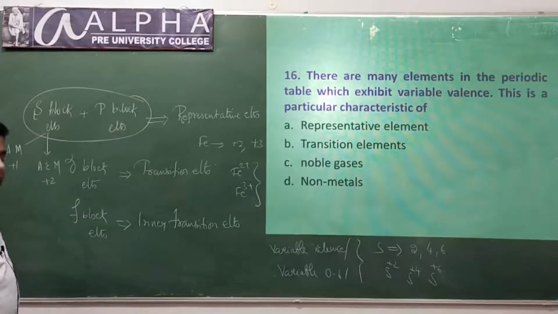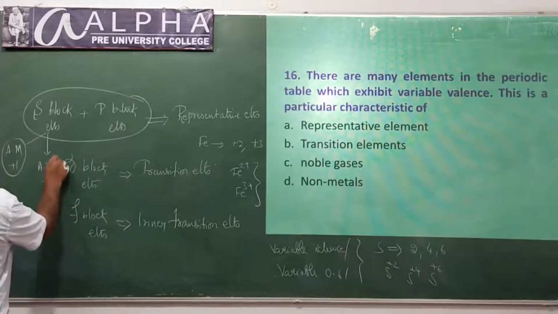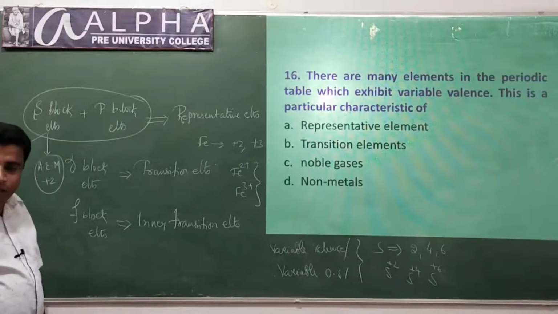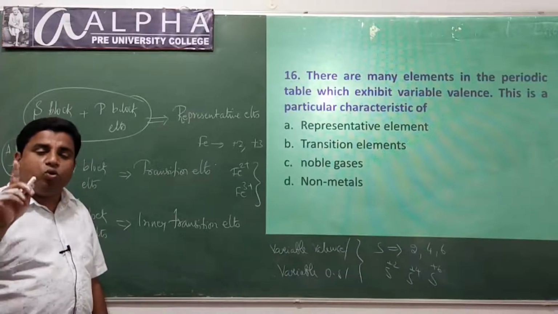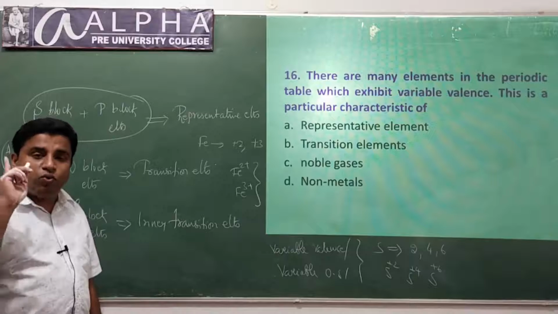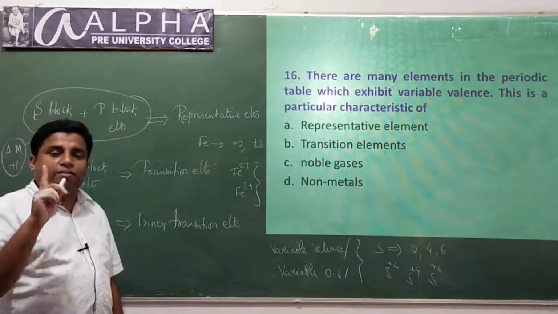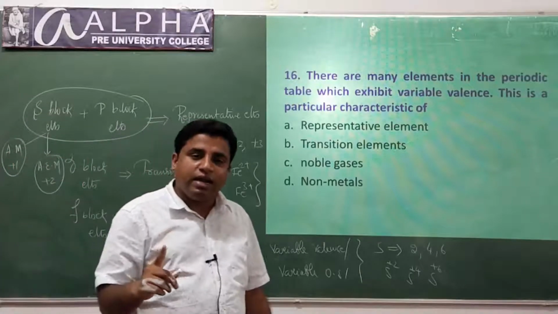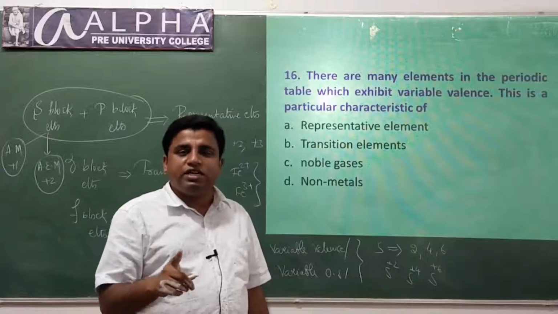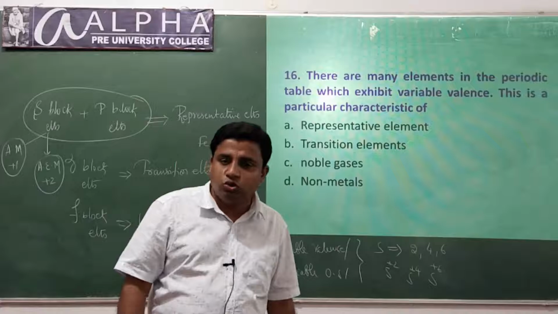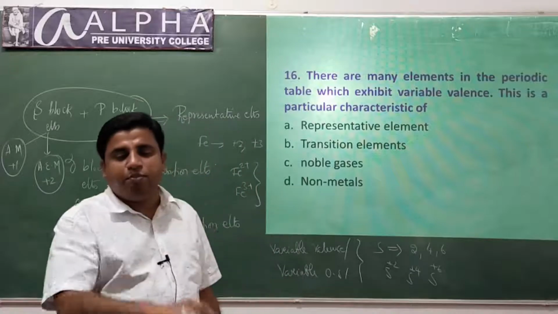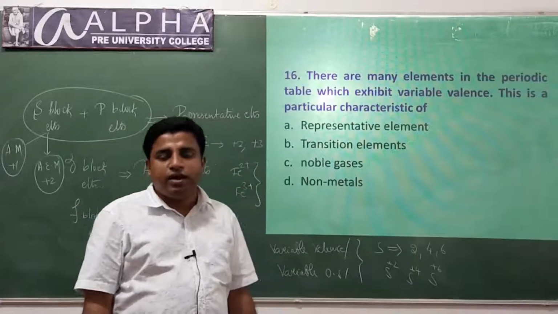They have only one valency: the valency of alkali metals is 1 and of alkaline earth metals is 2. They do not exhibit variable valency.